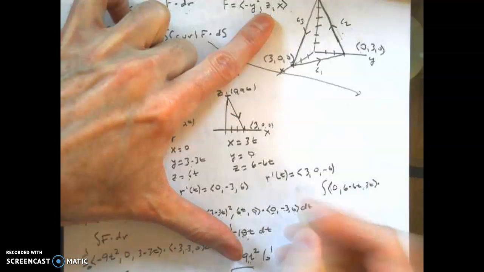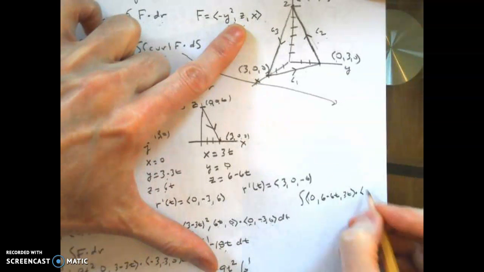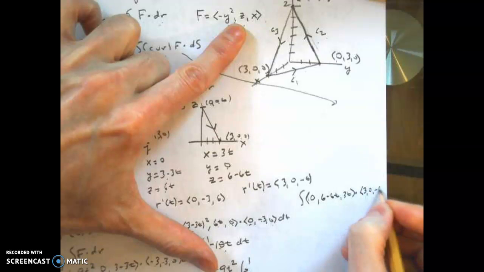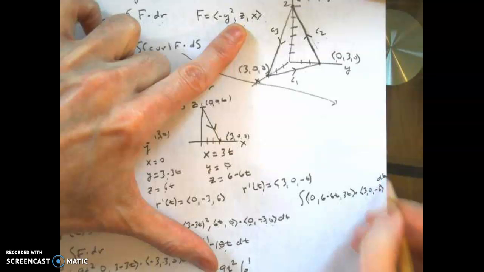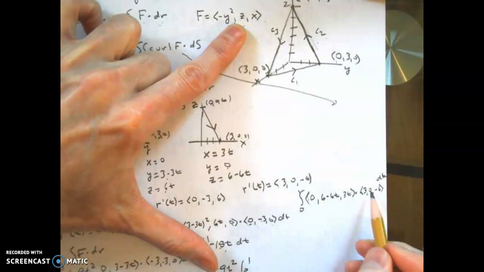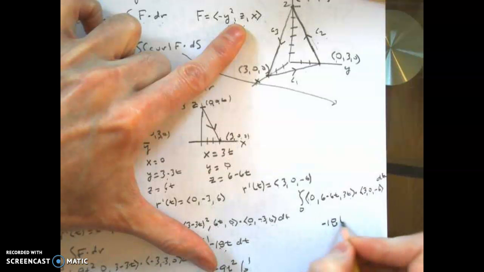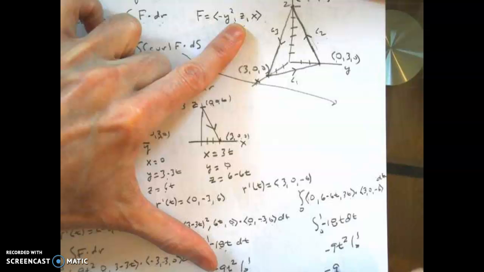And dotting that with our r prime of t, 3, 0, negative 6, dt from 0 to 1, so I get 0. I've got plus 0, and I've got negative 18t dt from 0 to 1, so negative 9t squared from 0 to 1, I get negative 9.